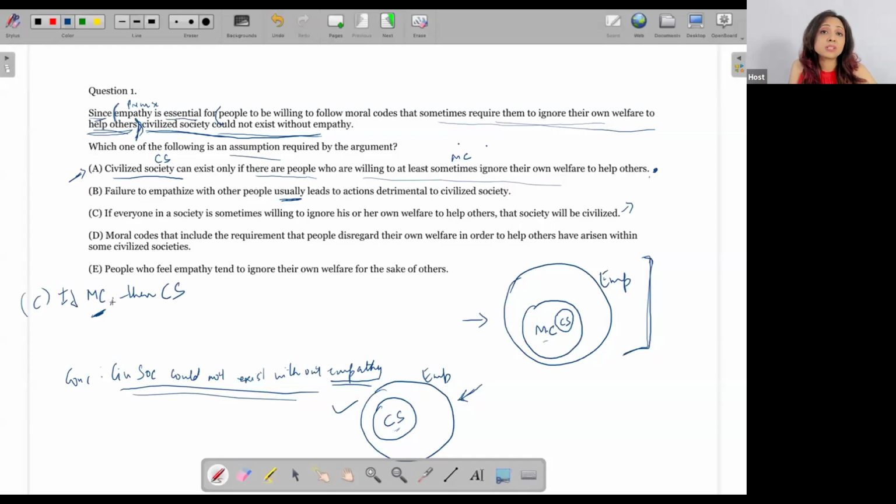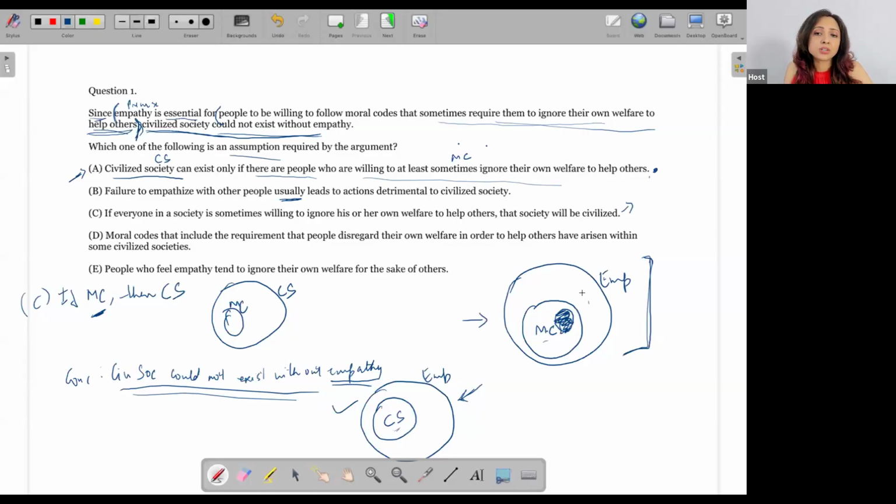If I have a sufficient condition, that is a subset of my main clause, right? So then what do I have? I have my MC inside and I have my civilized society outside, if this is what is given to me. So if I include this now, I'll remove this data which I had put in because of A. This was the data of statement A, right? Now, if this is the data that is available to me, then what I'm saying is that the civilized society is outside the circle of MC.